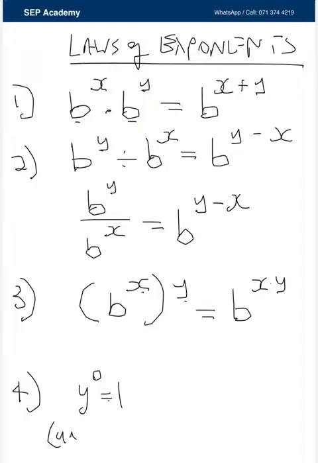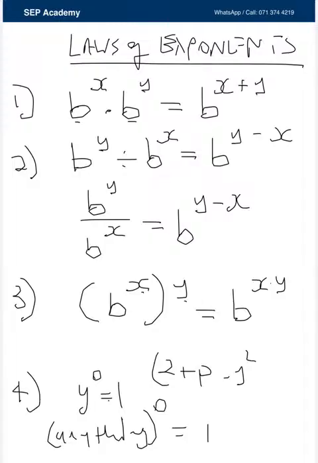It doesn't matter what it is, but anything raised to the power of 0 equals 1. So it doesn't really matter whether you have 2 plus p, maybe minus y squared, the whole of that, as long as it's raised to the power of 0, it is equivalent to 1. That's all that you need to be aware of. Very important on that one.